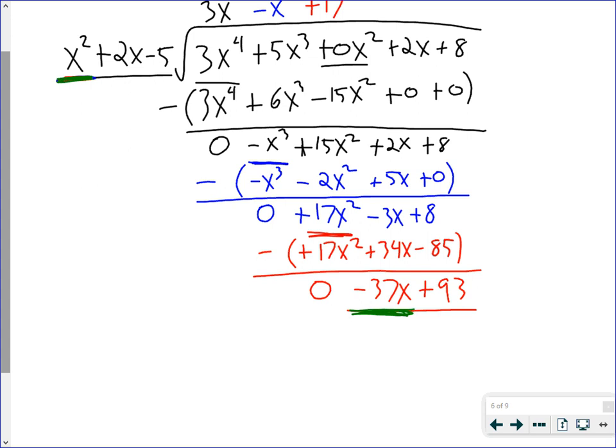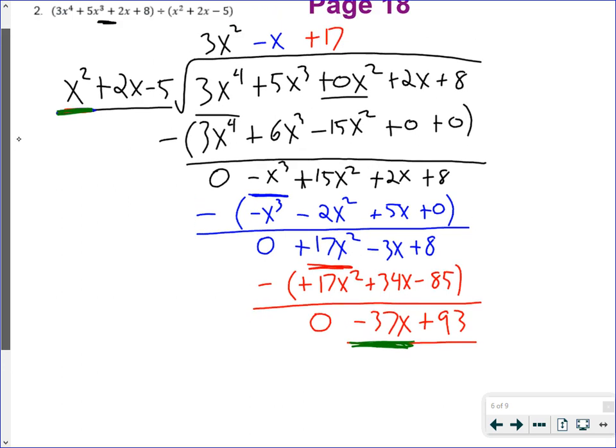X squared has a higher degree than negative 37x, so we can't really put a whole number or an integer into this quotient to give us negative 37x. So what I'm trying to say is we just stop here, okay? Because there's nothing we can multiply x squared with to give us negative 37x. So we stop here, and this negative 37x plus 93 is our remainder.